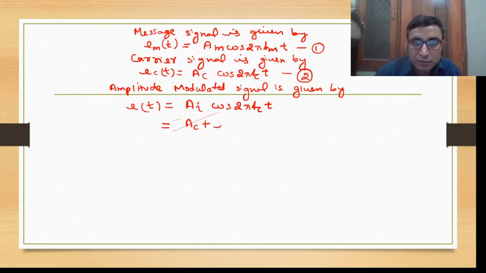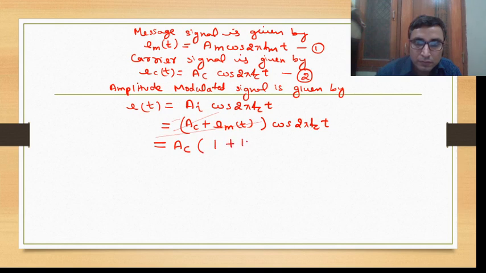So Ac plus Em of t into cos 2 pi fct, which is Ac into 1 plus k Am cos 2 pi fmt upon Ac, into cos 2 pi fct.